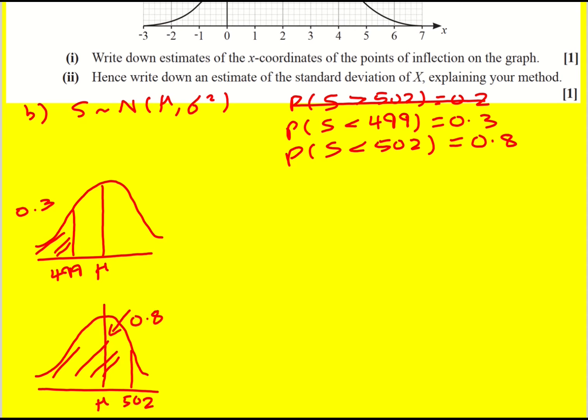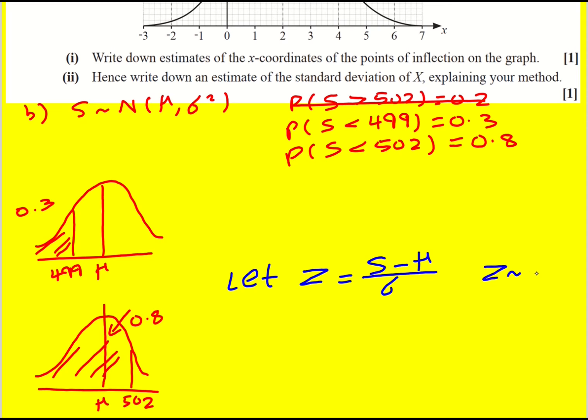Right. Well, what we do is we standardize the normal distribution. We don't know the mean and the standard deviation, so let's make it so we do. I'm going to let Z equal S minus mu, because what that will do is mean that the mean of Z is 0, and then I divide by the standard deviation, and that actually makes the standard deviation be 1.